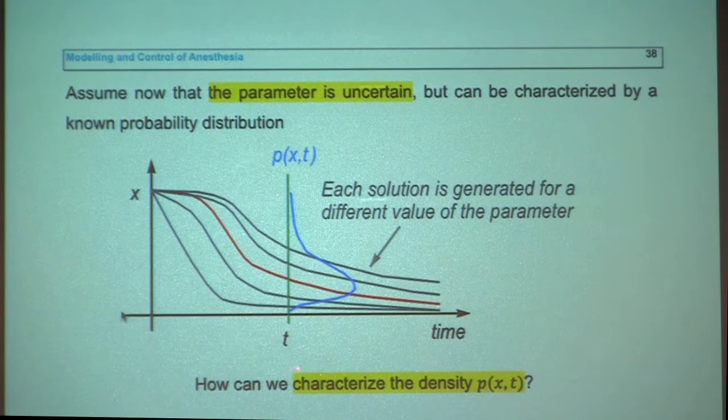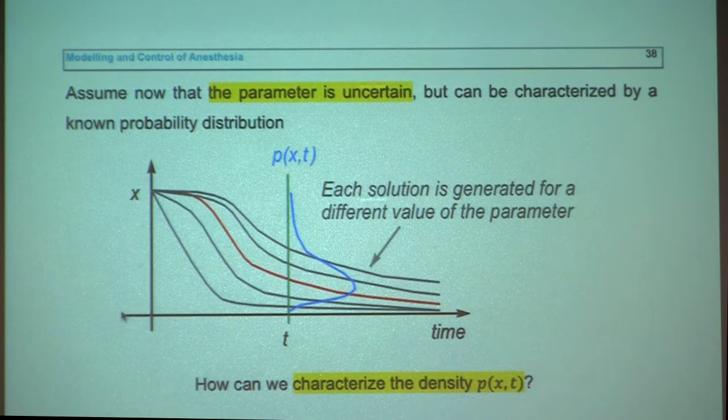And at time t, you want to compute p of x of t. And this is no longer deterministic, because your characterization of the parameters theta is now as a random variable. So if you repeat the experiment, you get different curves. Okay, as in the different patients.